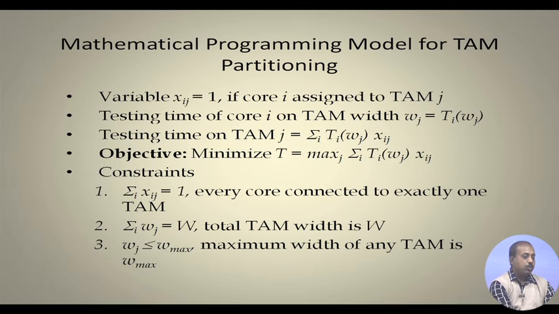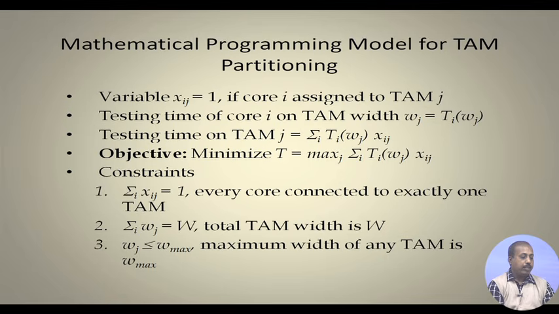So, this sum of all those xij variables equal to 1 signifies that only one of those xij's is equal to 1, and that means core i has been assigned to exactly one term. That is the first constraint.